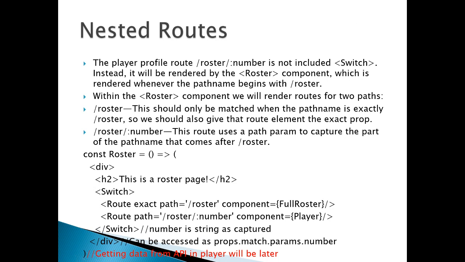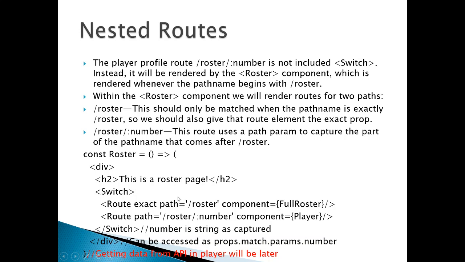The same nested route which I have explained: at main level we can apply a router, and the same at roster level we can apply another router. You can see here we have applied another switch. In it, for the exact path slash roster, we will load the full roster component, and for roster slash colon number, that means any variable, we will load the player component.